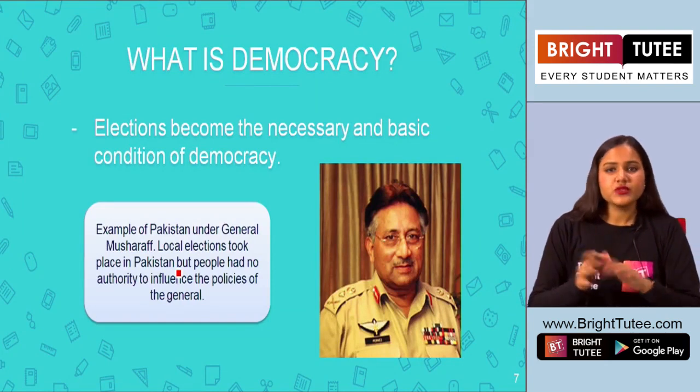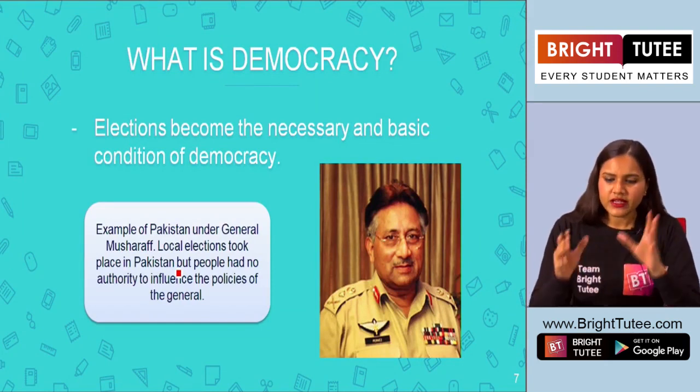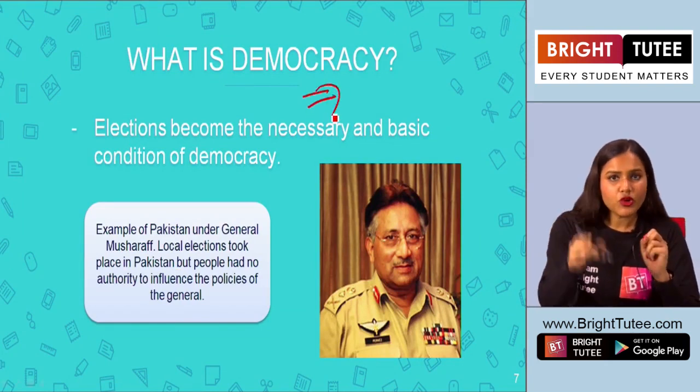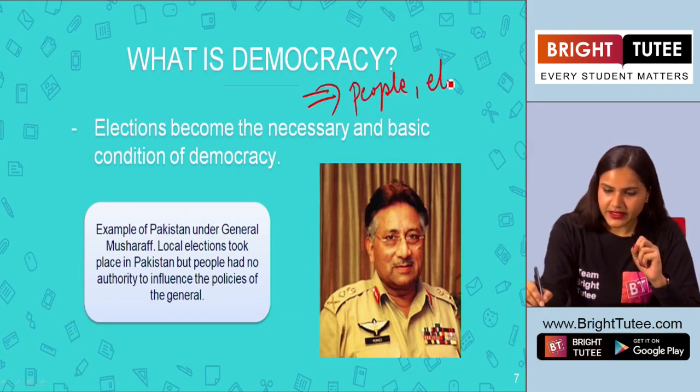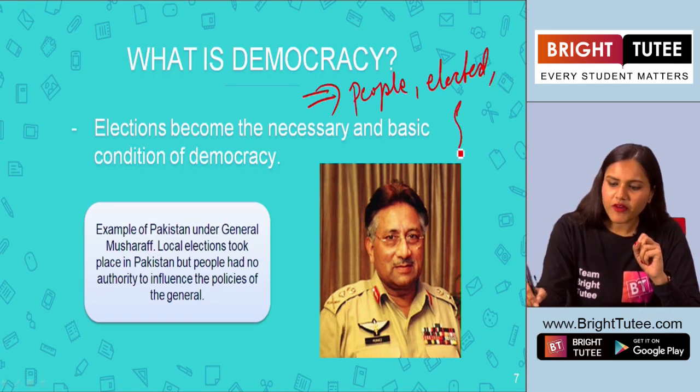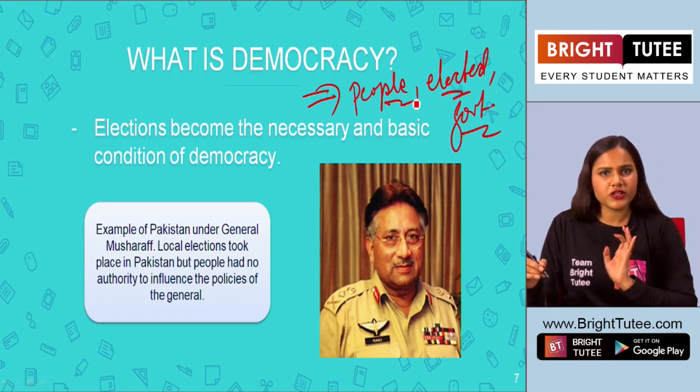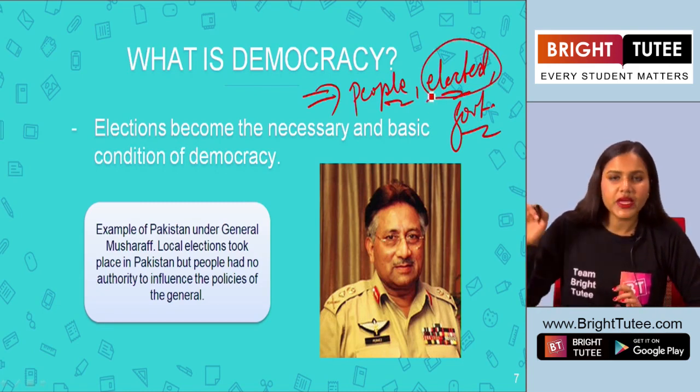Now here students, when we are talking about democracy, these are the terms, like I've told you in the beginning as well: people, elected, government. These are the keywords whenever we are talking about democracy. Now focus on the term elected.